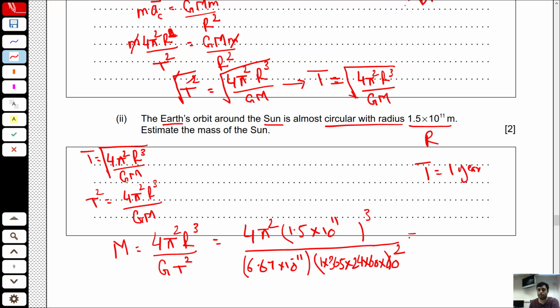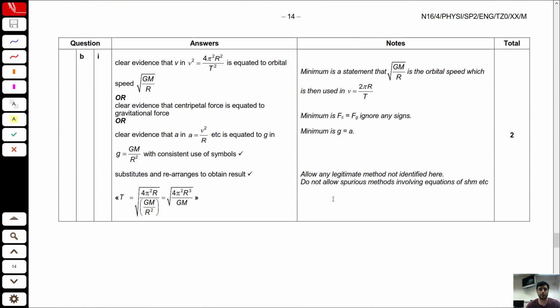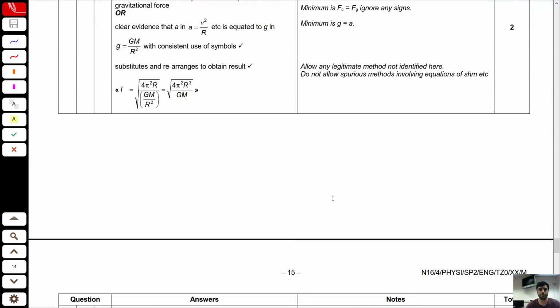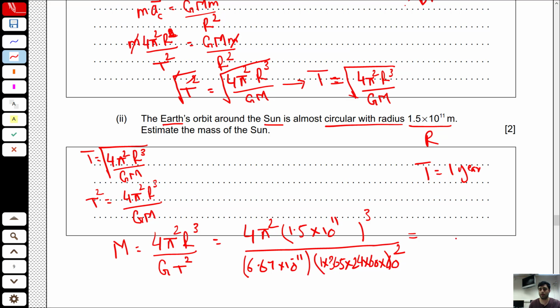Just input all of this in the calculator. After you input everything in the calculator with the correct brackets, you should get an answer of 2 times 10 to the power of 30 kg.